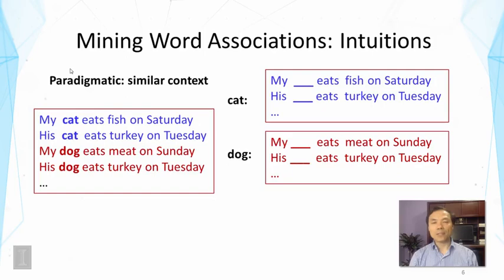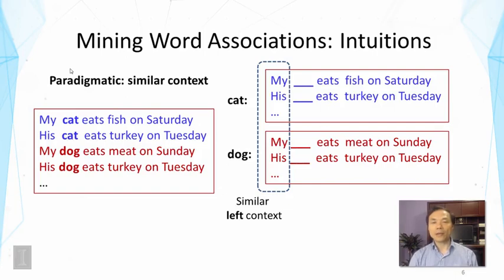So on the right side, you can see I extracted explicitly the context of cat and dog from this small sample of text data. I've taken away cat and dog from the corresponding sentences so that you can see just the context. Of course, we can have different perspectives to look at the context. For example, we can look at what words occur in the left part of this context.